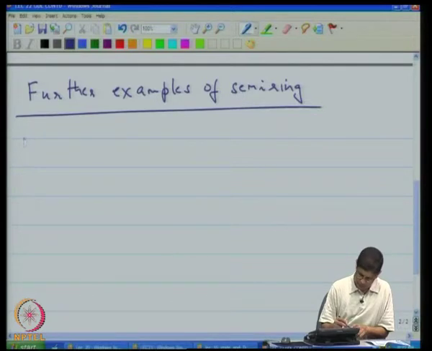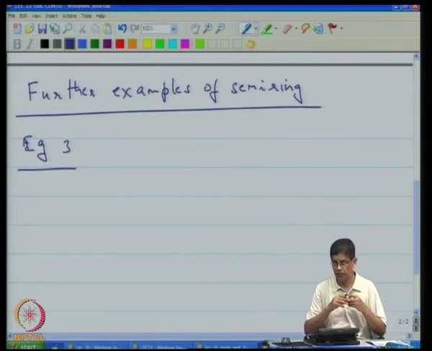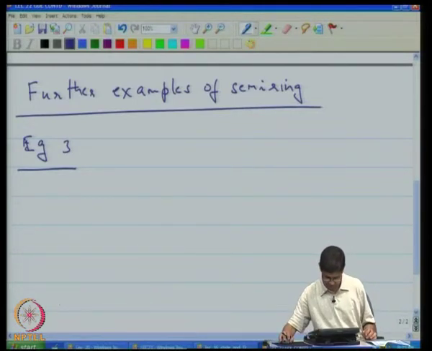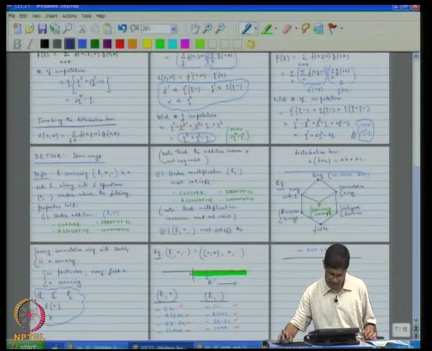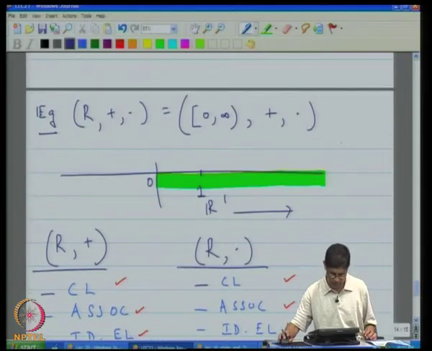So, this would then be example 3. Example 1 was any commutative ring with identity. Example 2 was the example from last time, and actually now that I come to think of it, I can give that a name. So, I am going to go back into your last lecture.